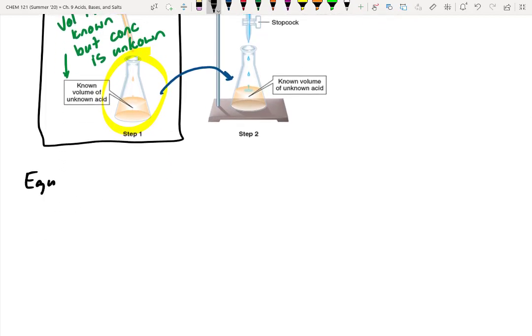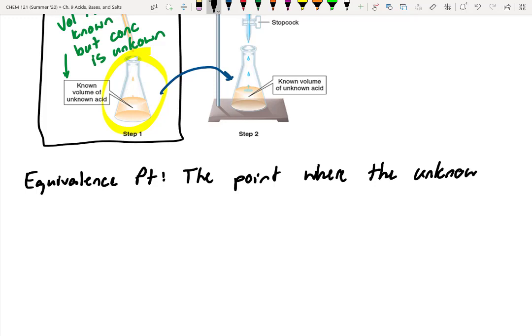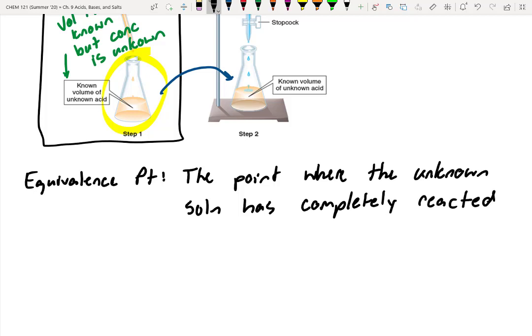The first is called the equivalence point. And this is what we're often looking for in a titration. The equivalence point is the point where the unknown solution has completely reacted. So if that unknown solution was an acid, it means we add enough base to completely neutralize the acid.